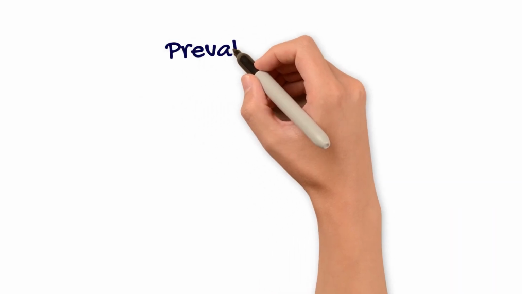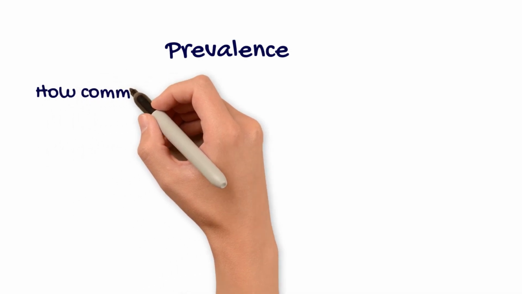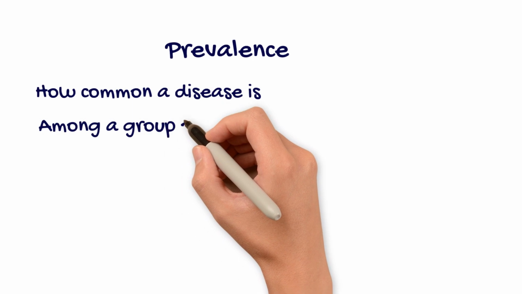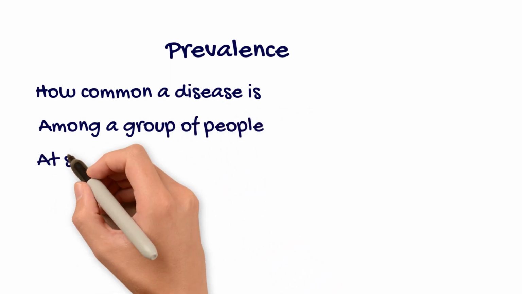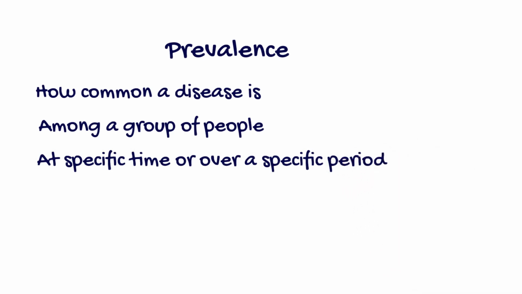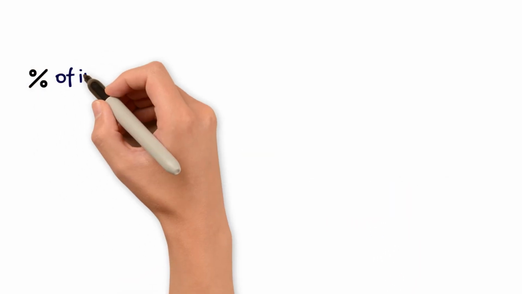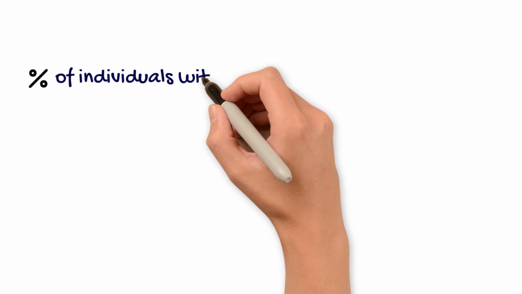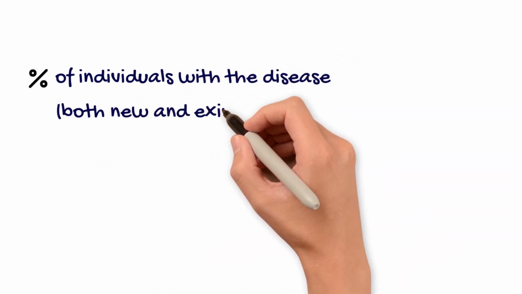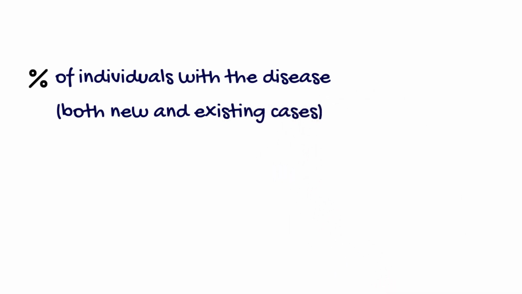Prevalence tells us how common a disease is among a group of people at a specific time or over a specific period. It tells us the proportion or percentage of individuals with the disease, including both new and existing cases.